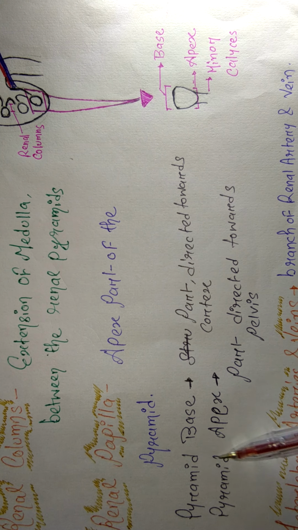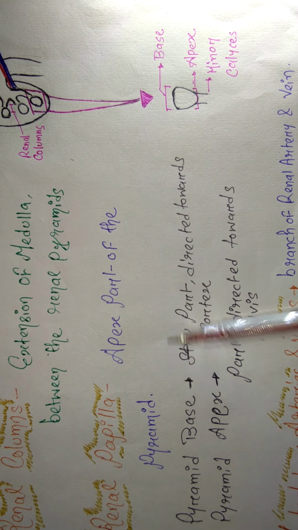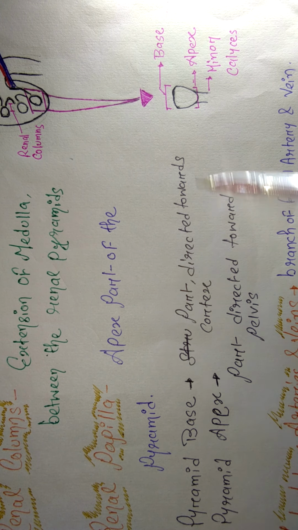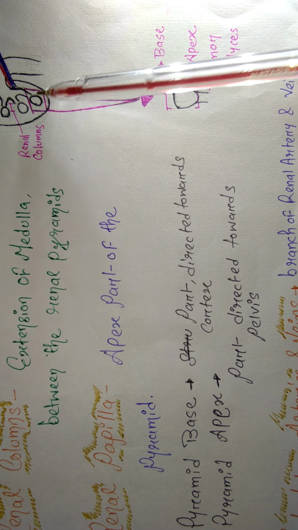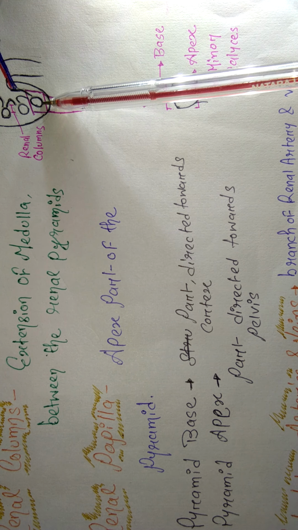Let's see. The pyramid has two sides. This is the renal pyramid, and this outer part is the cortex.